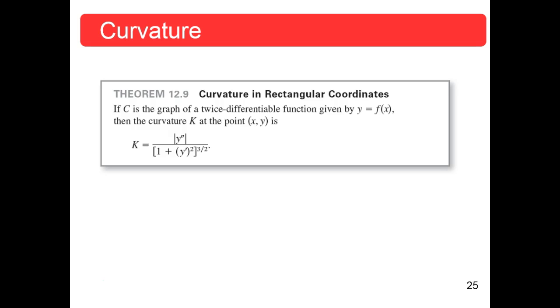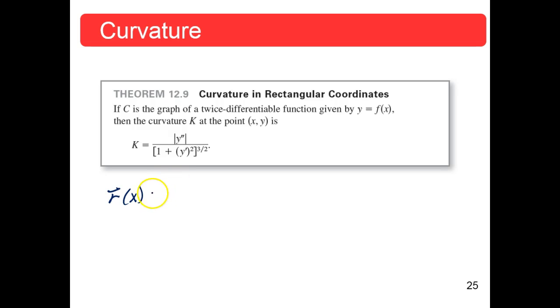And r double prime is the second derivative of f. I guess I'll be writing this down. Okay, here's your vector. And now it's a function of x, okay? Like I said, that's now your parameter here.